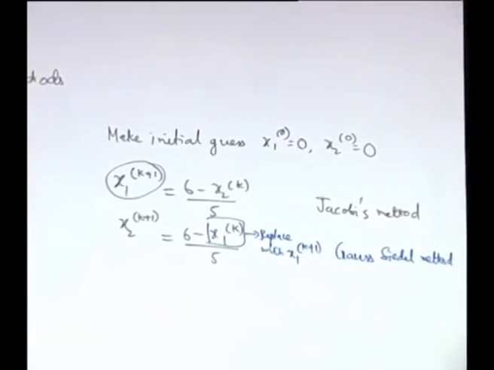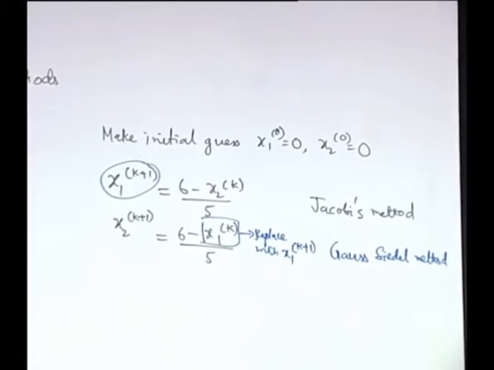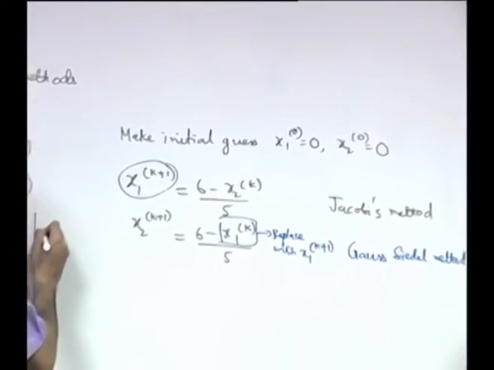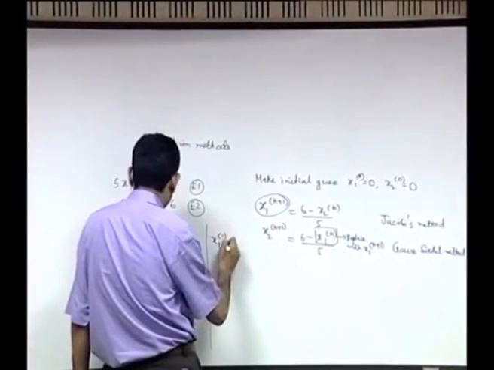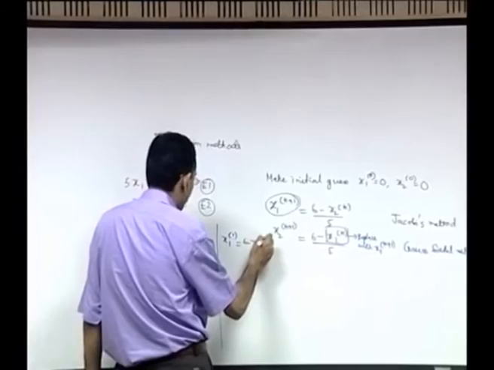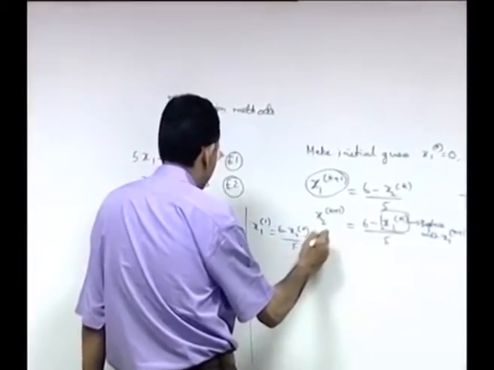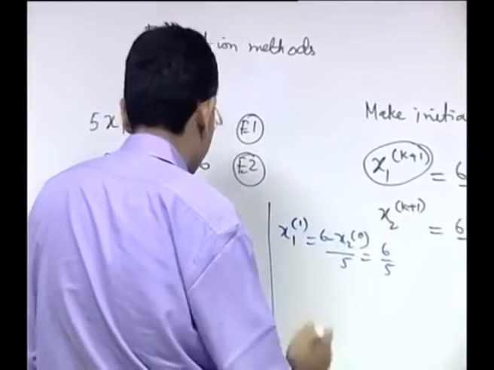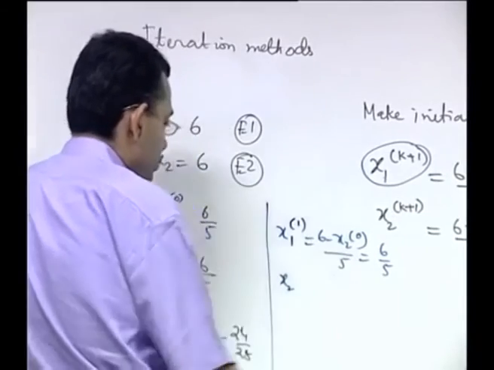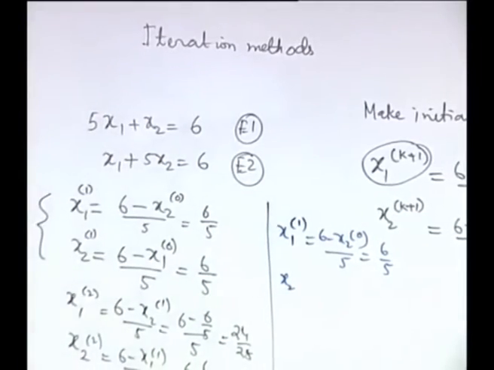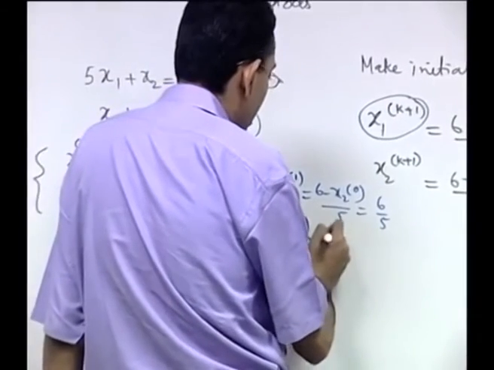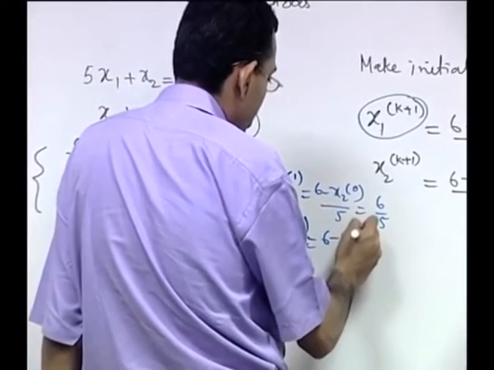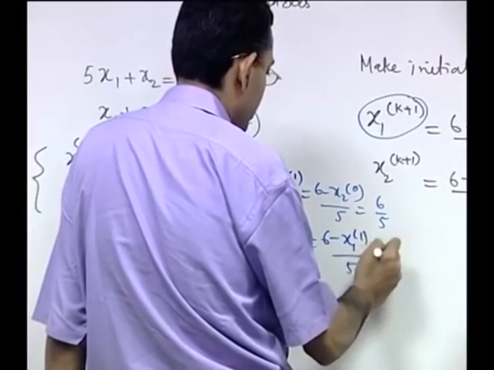So, let us try to use the Gauss-Seidel method for this particular example and see what is the difference that we get. So, x1 1 is equal to 6 minus x2 0 by 5, that is 6 by 5. x2 1, now you are using 6 minus x1 1 by 5.